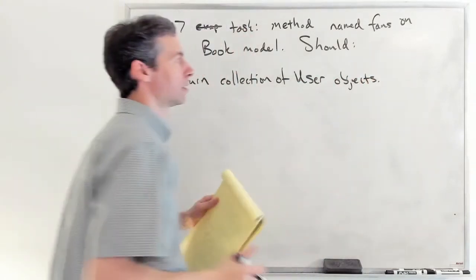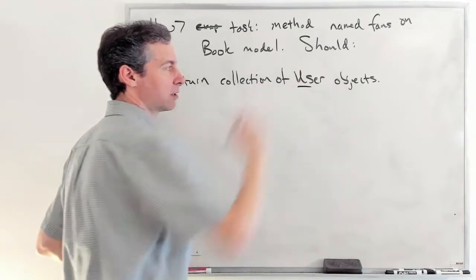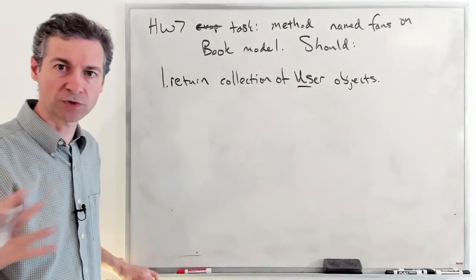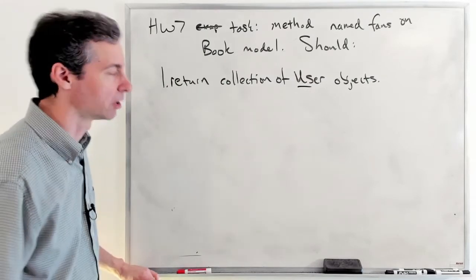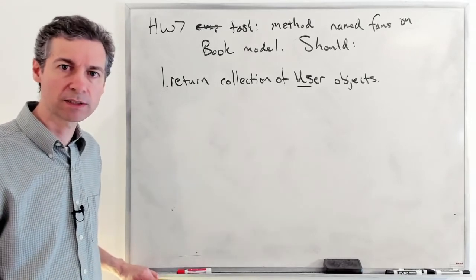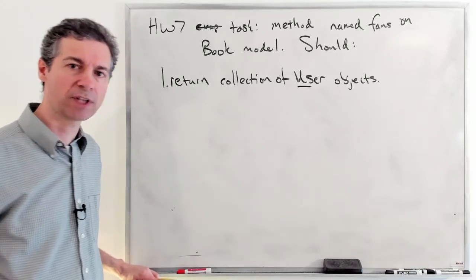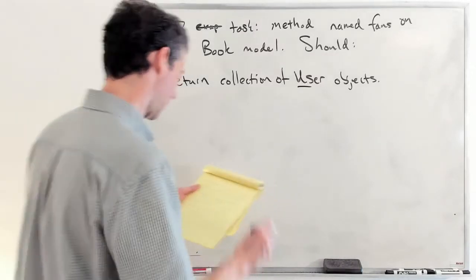In particular, it needs to be a bunch of users from the database in their model class User. It's not their names, it's not their IDs, it's the actual instantiated objects for those users.